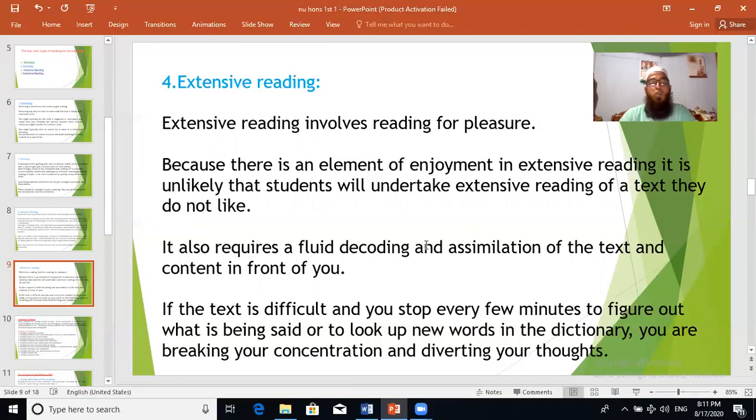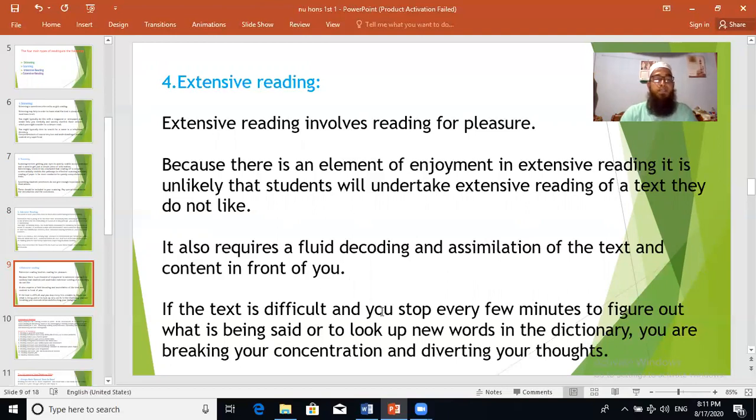If the whole text remains very difficult to you, you cannot understand anything, it seems to be Greek to you, so you will not feel like reading it. So the text should be like that: you can understand something of the text and you enjoy it. And you can associate, assimilation means you can associate your own ideas with the ideas and knowledge of the text. In that case, you will find interest in reading the text.